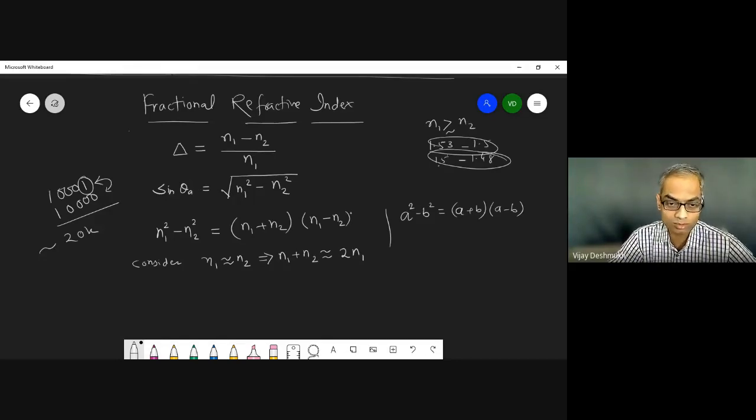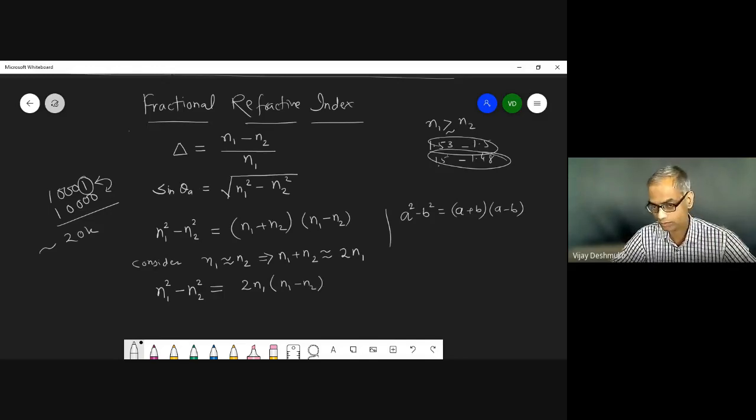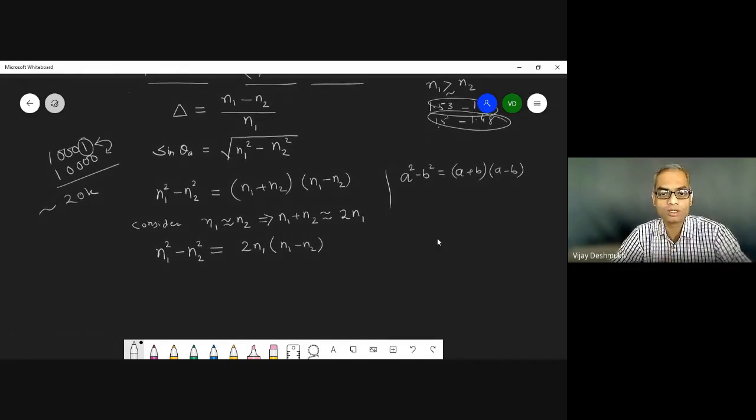So putting this value in this equation, we get N1 square minus N2 square equal to N1 plus N2, which becomes 2N1, multiplied by N1 minus N2 as it is. Now we want to put this delta here. So to put the delta here, we need something like N1 minus N2 divided by N1.